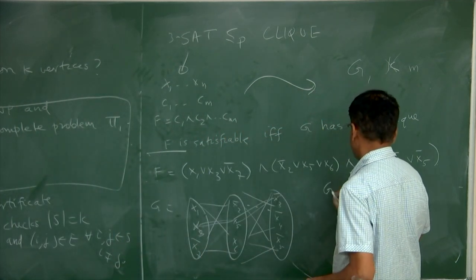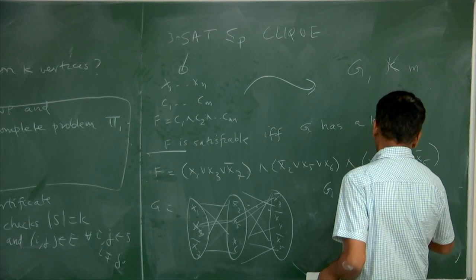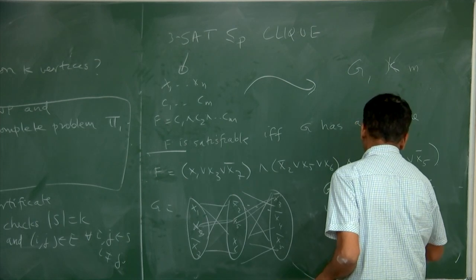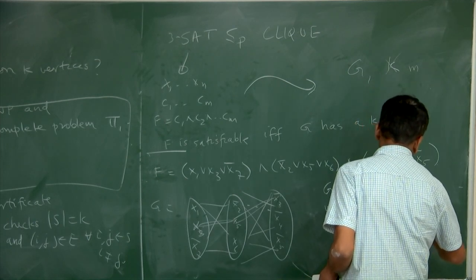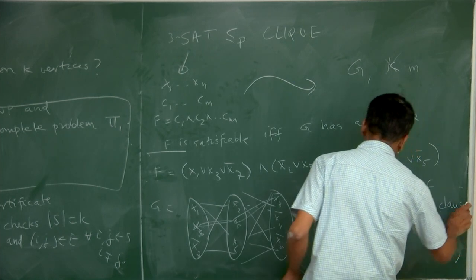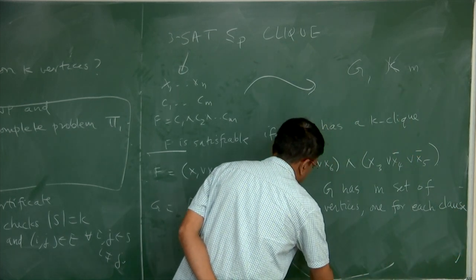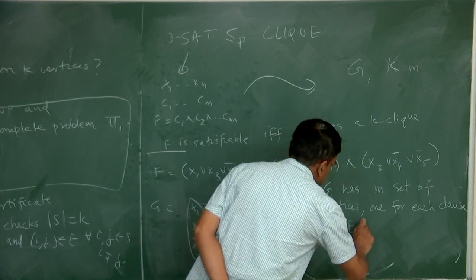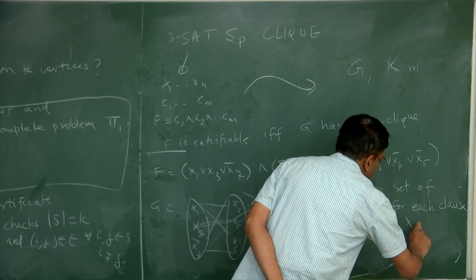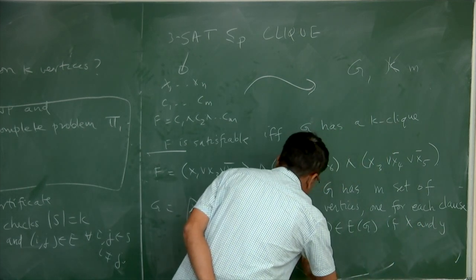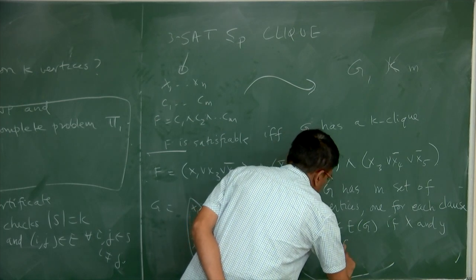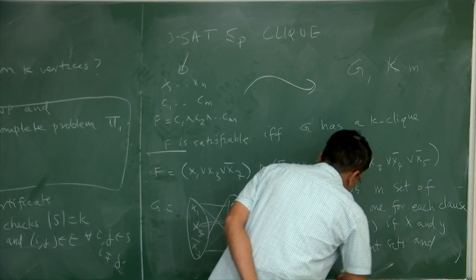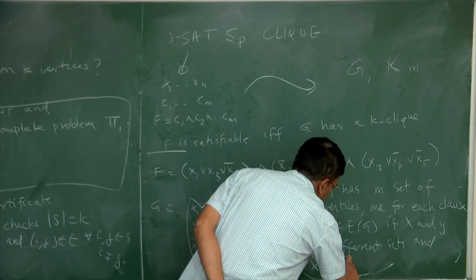So, G has M sets of vertices, one for each clause, and xy is an edge of G if x and y are in different sets and the literal is not the negation of the other.